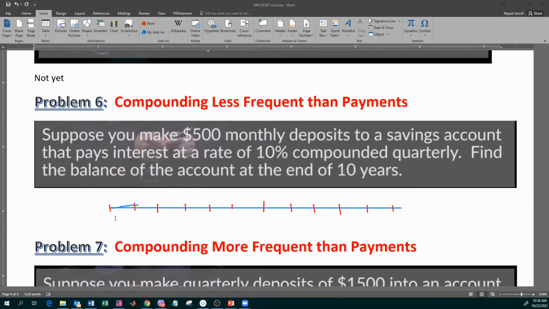Okay. I hope we have 10 over here. So that's 0, 1, 2, 3, 4, 5, 6, 7, 8, 9, 10.